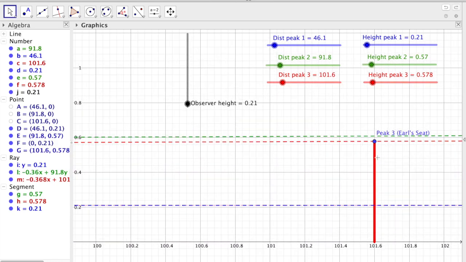Again, we see even at this far distance, there should be a big portion of this mountain visible above the line of the towers. So once again, the flat Earth model doesn't really work.